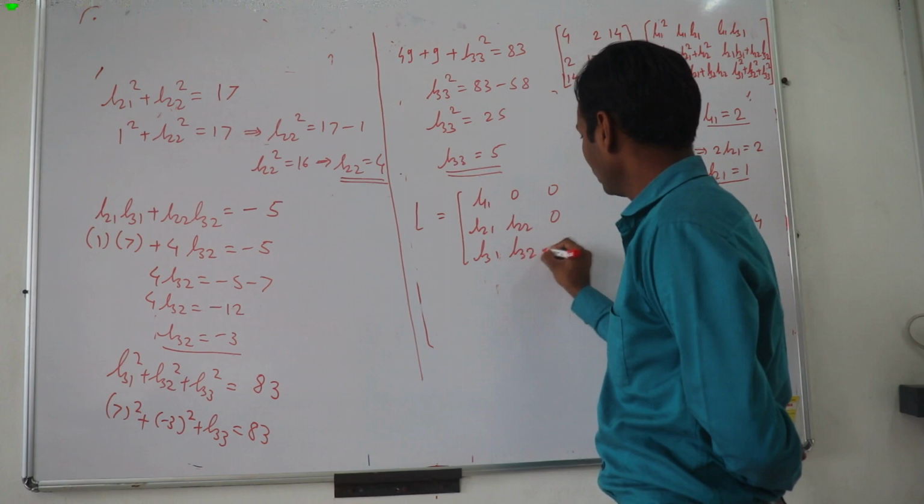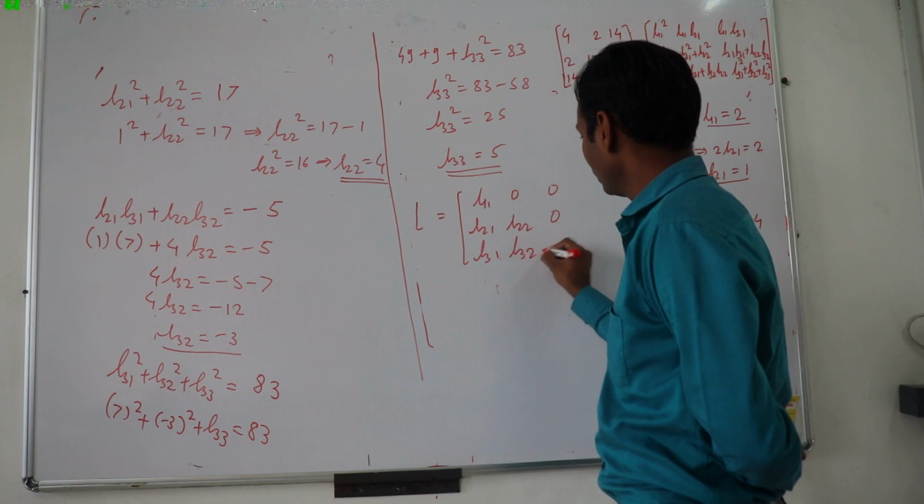Then the upper elements become 0. L21 is 1, L22 is 4, and L32 is minus 3. Then L31 is 7, L32 is minus 3, and L33 is 5.